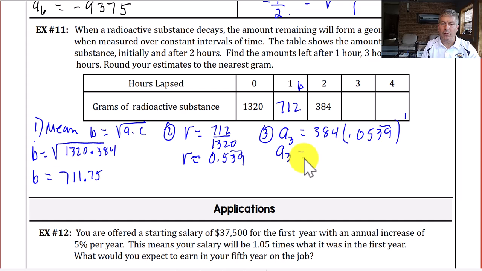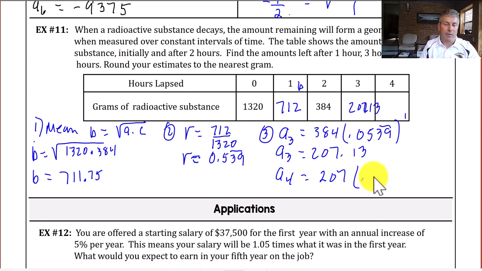So a sub 3 equals 207.13, or about 207. And then a sub 4, we can do the same thing. We can use our 207 and then multiply that by 0.539, repeating, and that's 111.65.